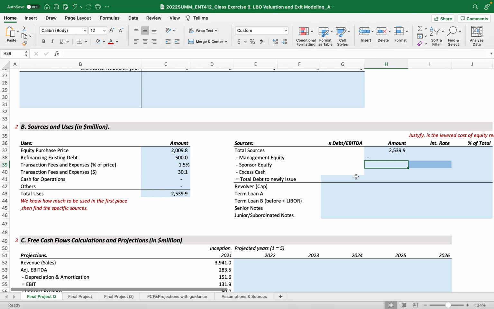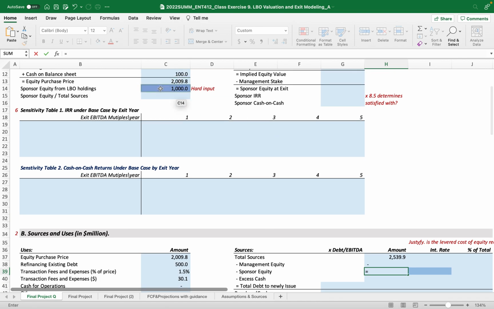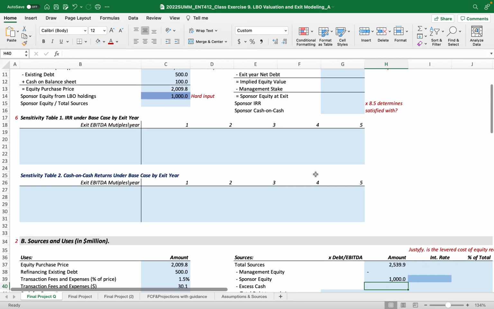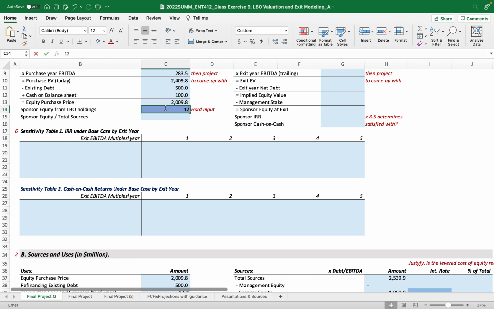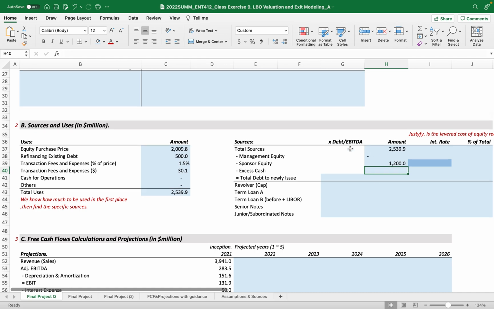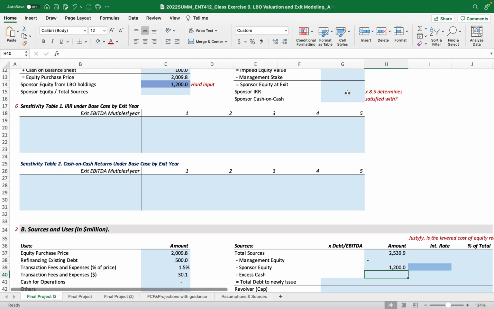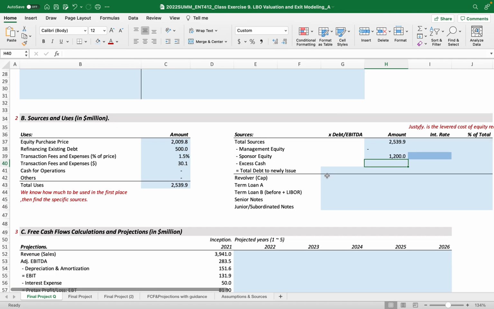And then sponsor equity. Where is sponsor equity? There you go, we have to link this amount. And then excess cash. How much is the excess cash? Let's just assume 1,200, which is half of this EV, just as a starting point. But again, we'll adjust this amount later to get a satisfactory IRR.